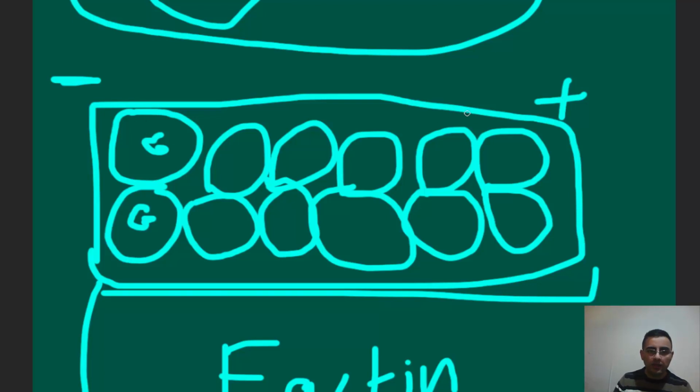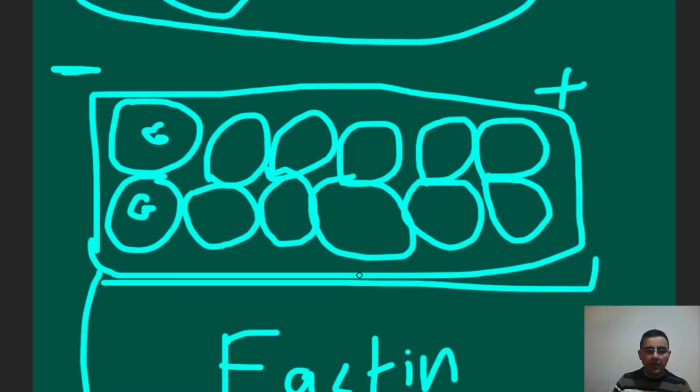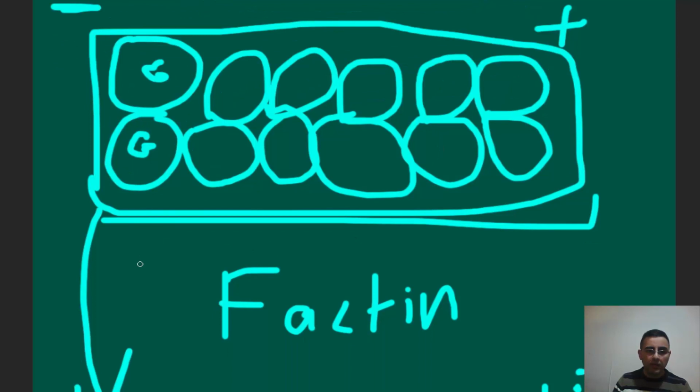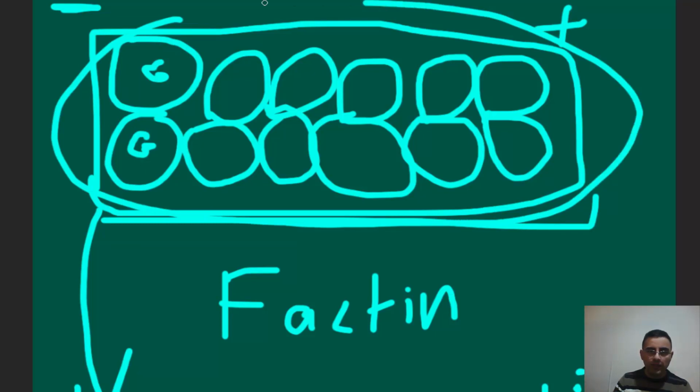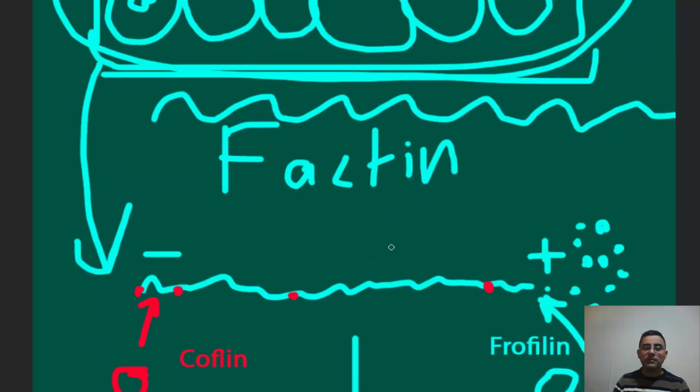If we try to paint it, it will look like that. Imagine that this structure is very small, and it looks like a spiral, a double-stranded chain and spiral form.